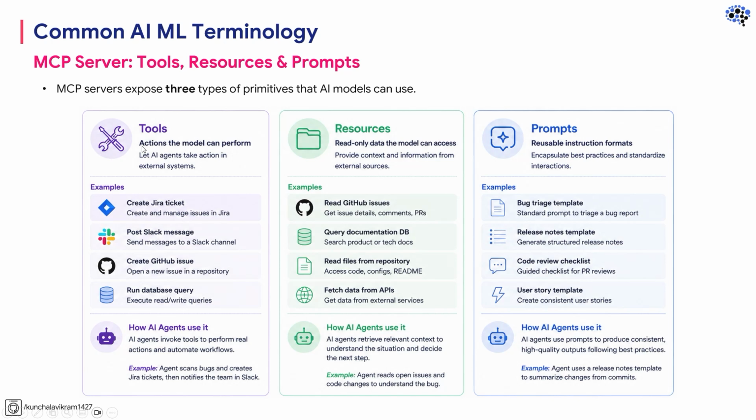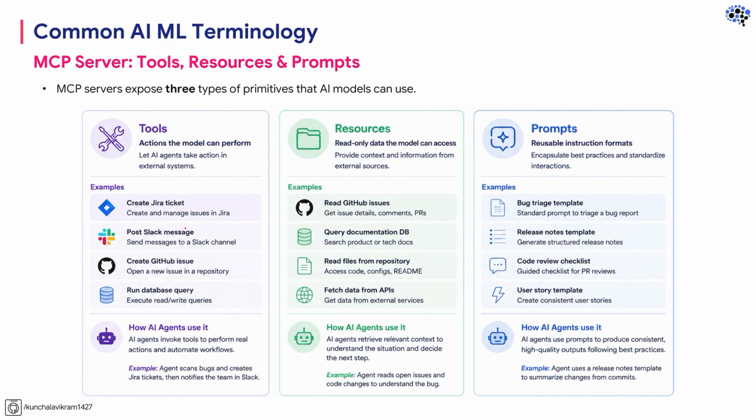Tools are something that we can use to take action. You can take a function as an example. Using these tools you can do operations like creating Jira tickets, posting a Slack message, reading issues, creating issues, or running database queries. So the MCP server will expose all these tools.